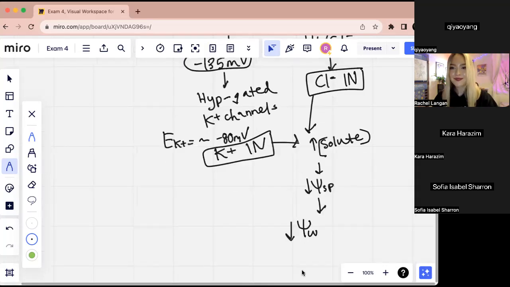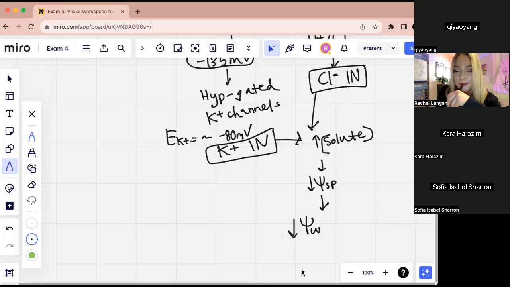Hi, I have a question. We're talking about the cell and the K moving in. Is this in the daylight or in the shadow? In the notes I wrote that we're talking about the daylight, so it will close the stomata and K will come in, but why is it different? So I'm confused about this.